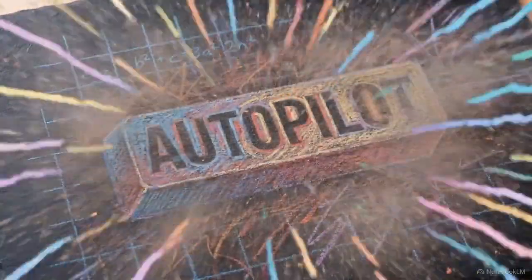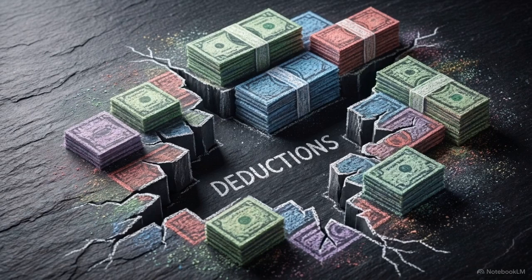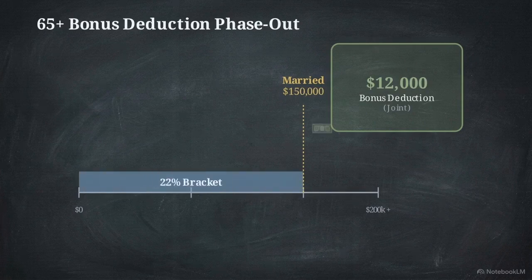The topography is also shaped by deduction phase-outs. The age 65-plus bonus deduction phases out at $75,000 of adjusted gross income for singles and $150,000 for married couples filing jointly. If a married couple sitting in the 22% nominal bracket takes exactly $1 of distribution above that $150,000 line, they trigger the phase-out math.